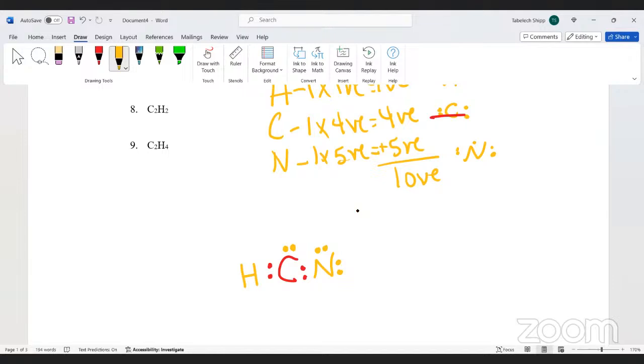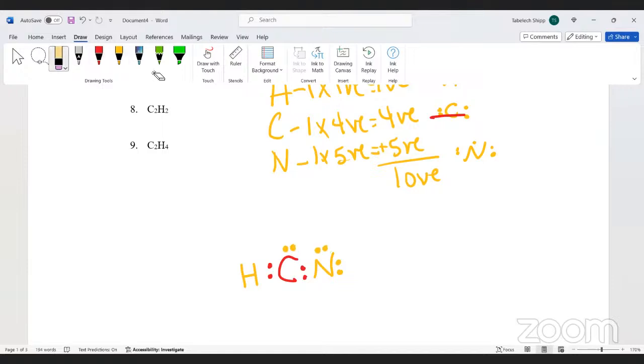We cannot add any extra to this process. Before we start moving these little dots around, let's make sure we have 10. We've got 2, 4, 6, 8, 10. And because we have 10, let's go ahead and start shifting them into their proper spots.